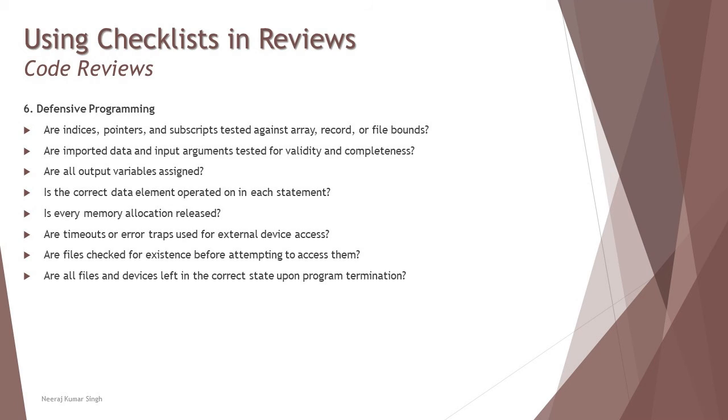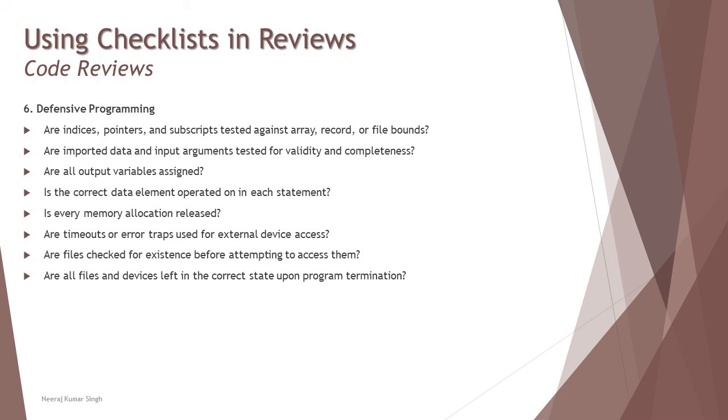We do understand from the defensive point of view that there are some protocols, other than the standards, which need to be followed as a part of programming. We generally make sure of a lot of things, like the traps or external device access. So does that really interact with some of the devices, delaying the execution of the program? Or probably some of the things might not check for availability, get into the program and then get stuck.